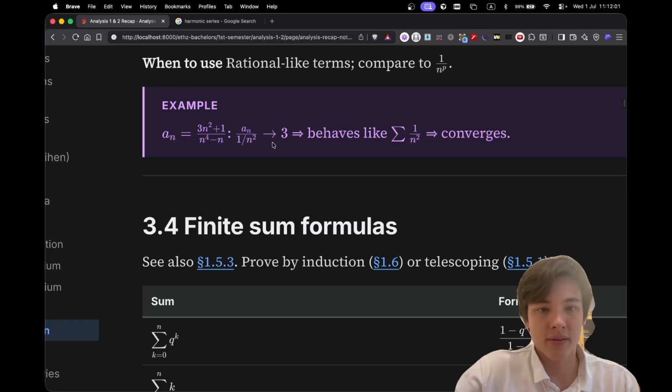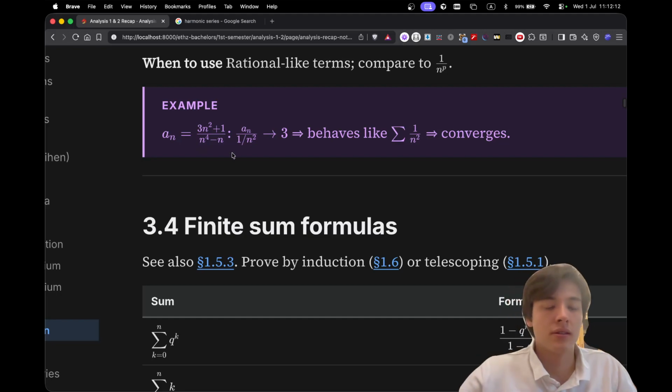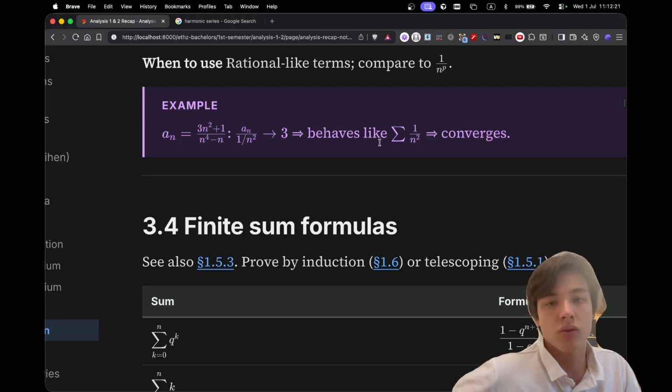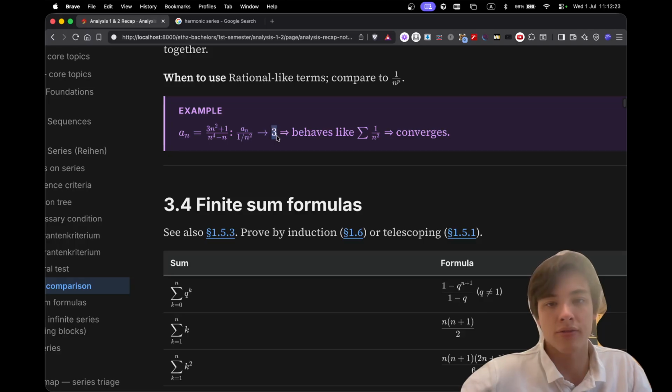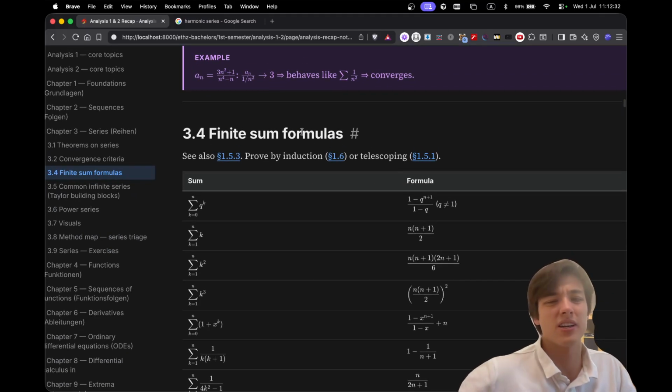En equals this, and if we divide by n squared, it's like a factor of 3 compared to 1 over n squared. And this one converges, so we know this one also converges. Well, it's an easy check.